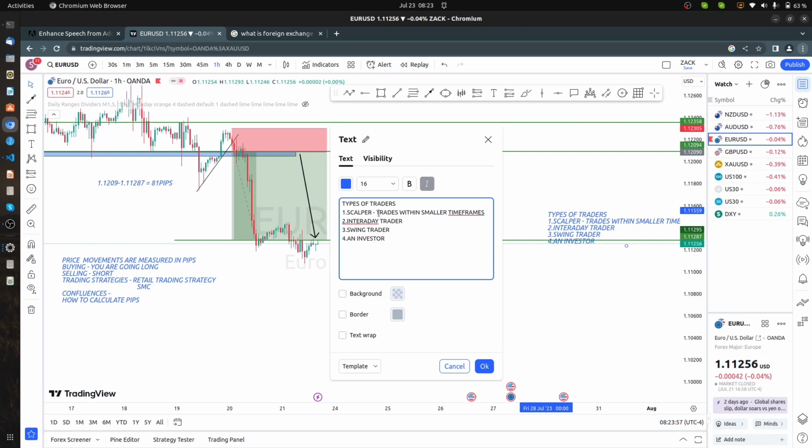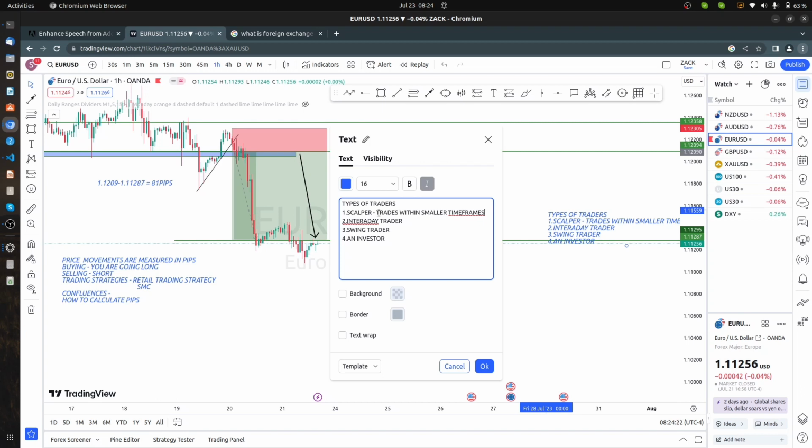A swing trader is somebody who can take up maybe a trade today, maybe they enter a sell today and they hold the trade for a few days, maybe 2, maybe 3, before they decide to get out of the market with some profits. That is a swing trader.